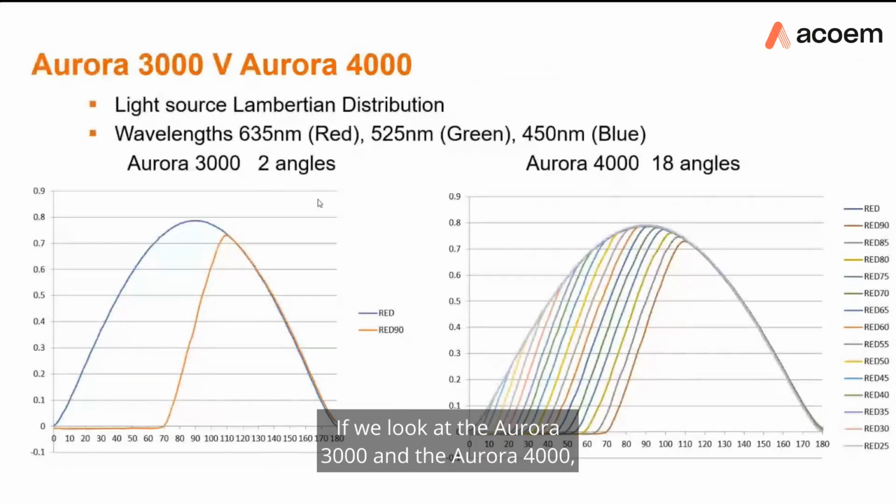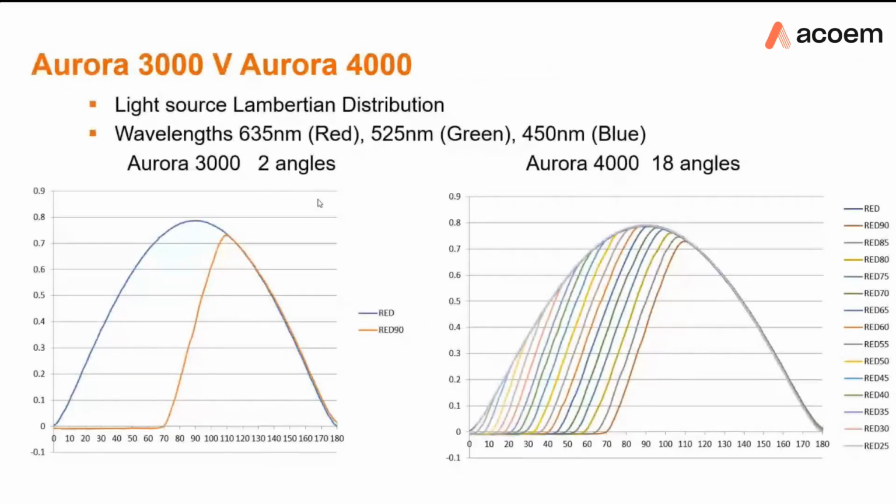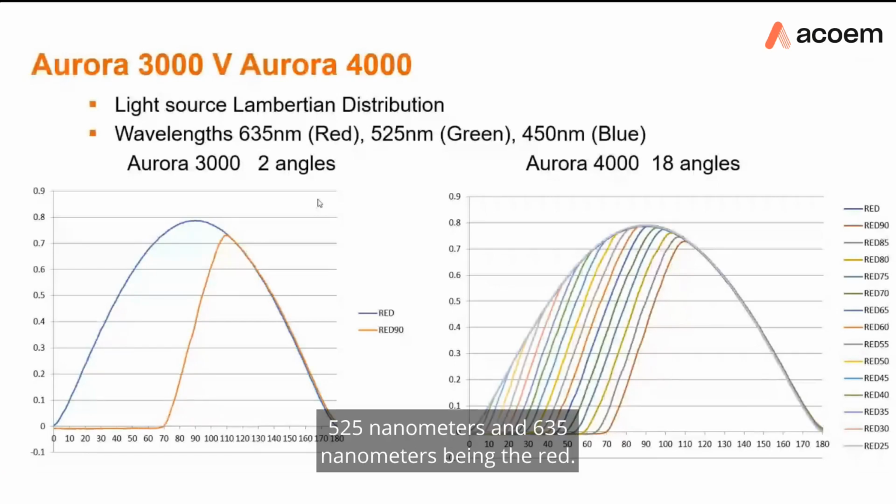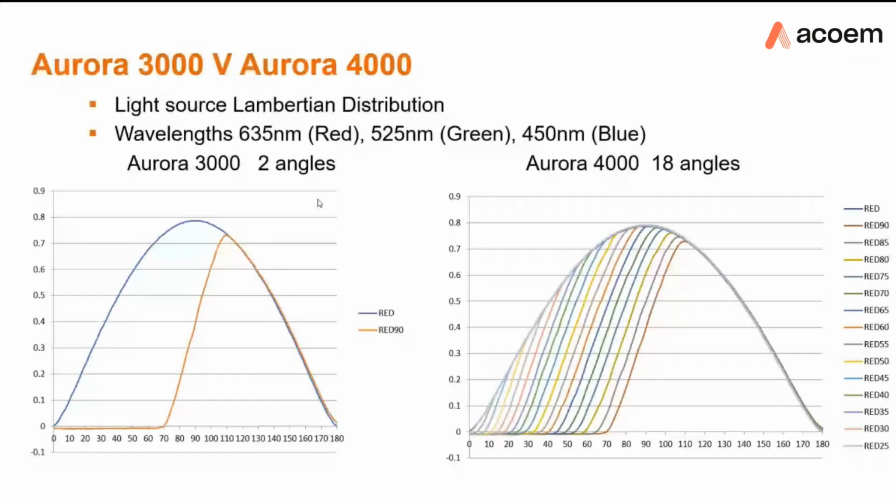If we look at the Aurora 3000 and the Aurora 4000, they both have three wavelengths of light. There's 450 nanometers, 525 nanometers, and 635 nanometers being the red.